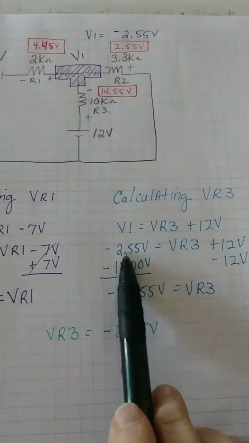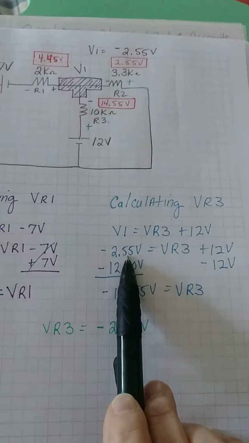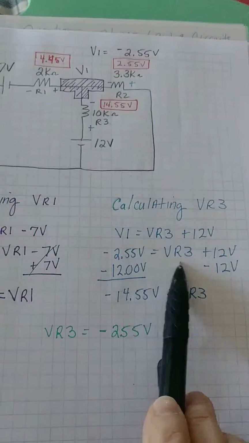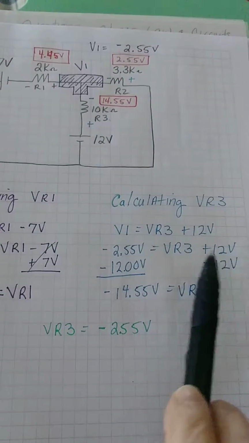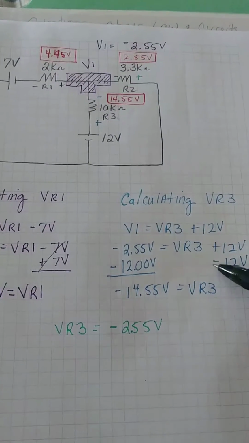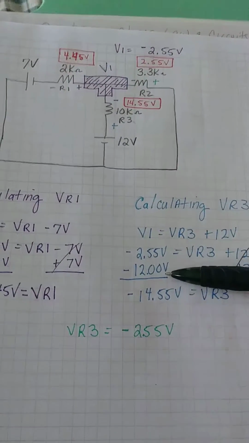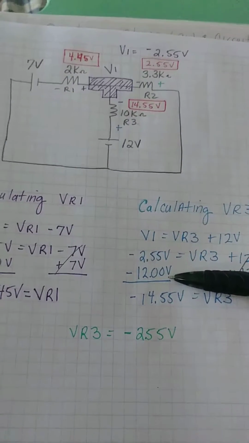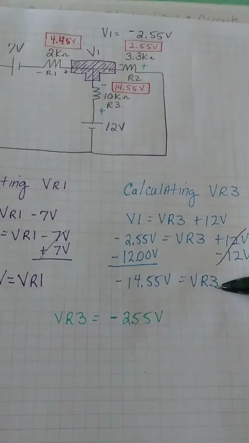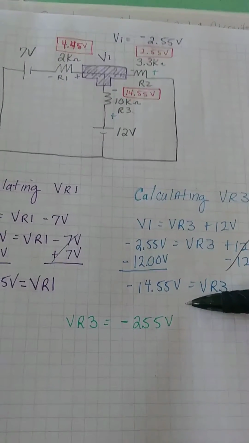Same thing like before, we plug in negative 2.55 because that's what V1 is, equals VR3 plus 12 volts. Again, we need to solve for VR3. So we subtract 12 on this side to get rid of it here, and we subtract 12 on this side. So VR3 is negative 14.55 volts.